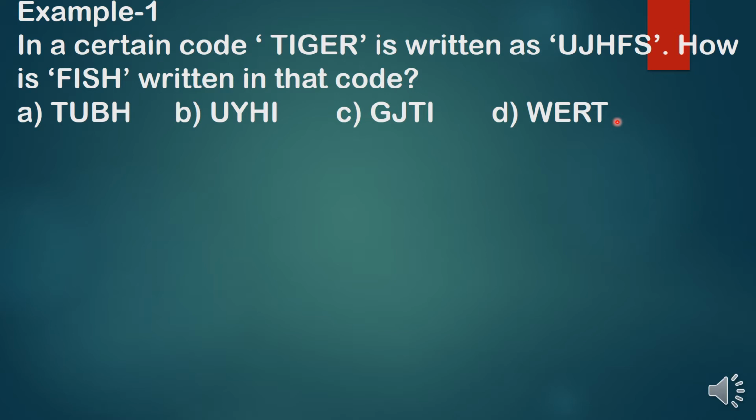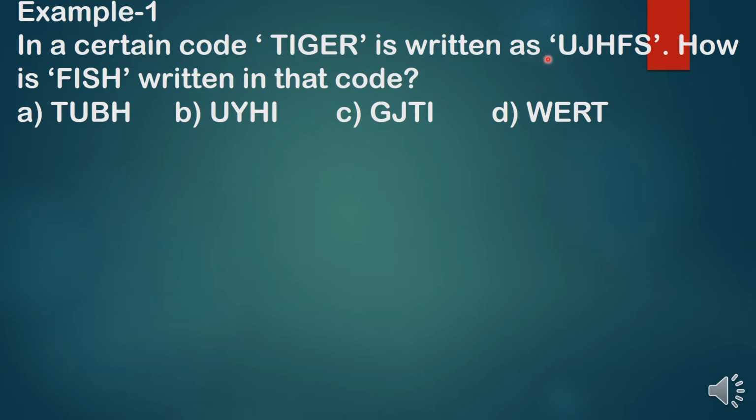So let us see what is the relation between both the words, how these both are interconnected, and how this coding and decoding is done. T, U, I, J, G, H. If you will notice, then you will get to know this is the continuation of letters.